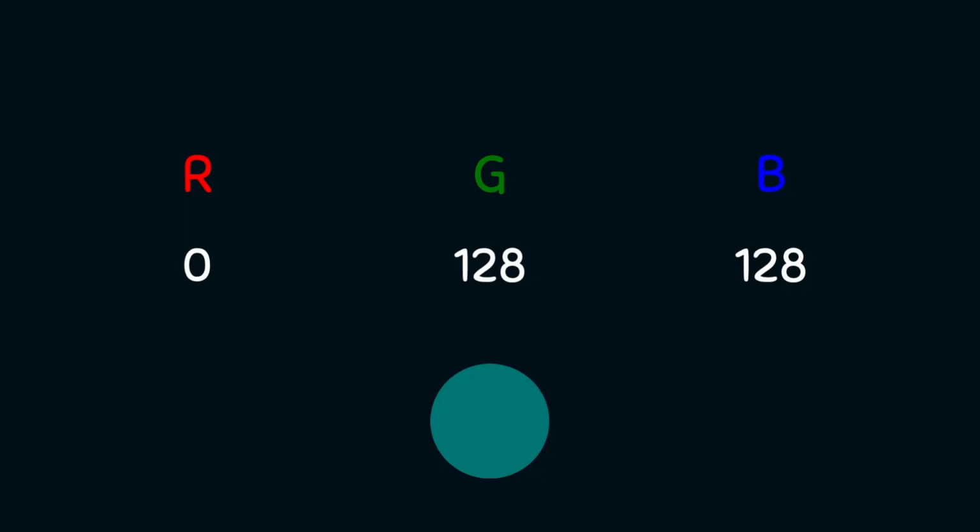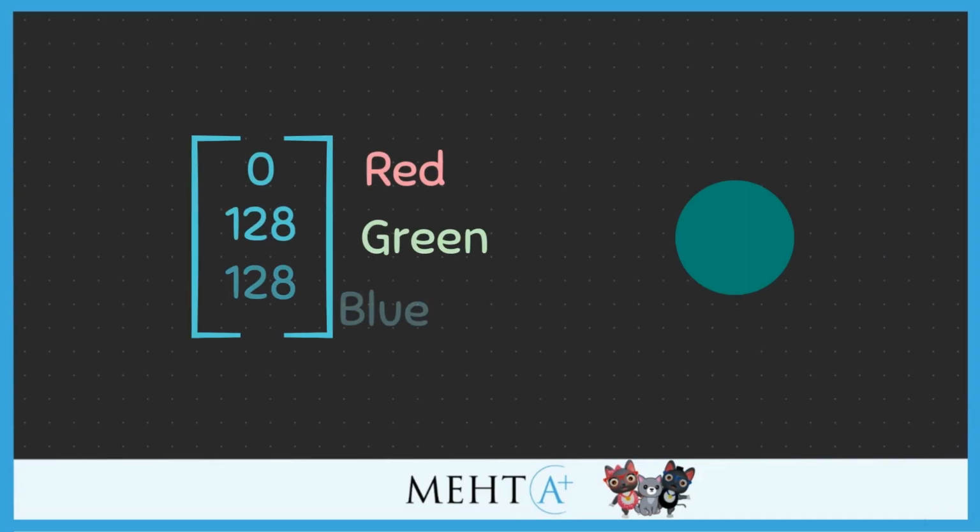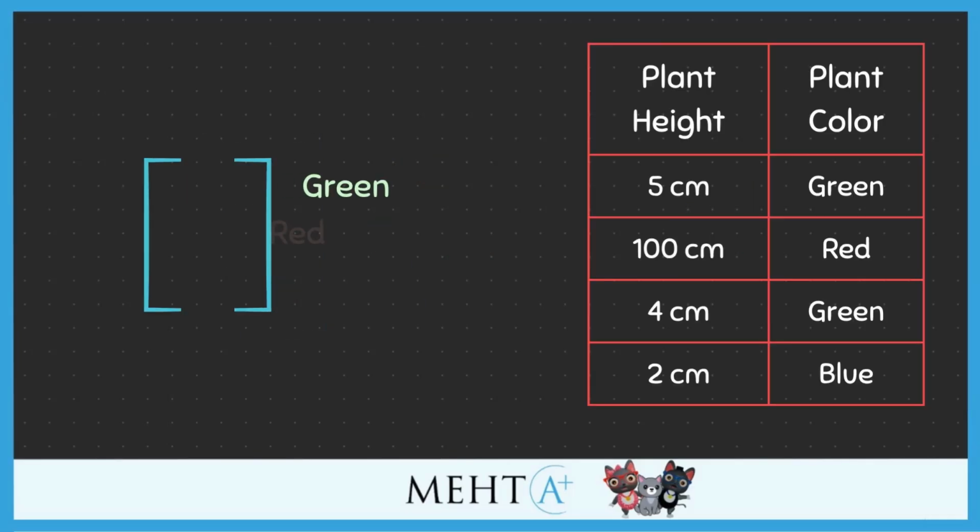So what we could do is create a column vector as follows: 0, 128, 128, where the first entry represents red, the second entry represents green, and the third entry represents blue. Now, you might ask, but hey, in our previous example, didn't we take green as the first entry, red as the second entry, and blue as our third entry?